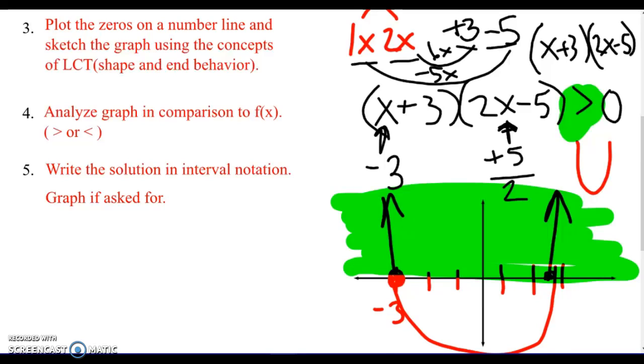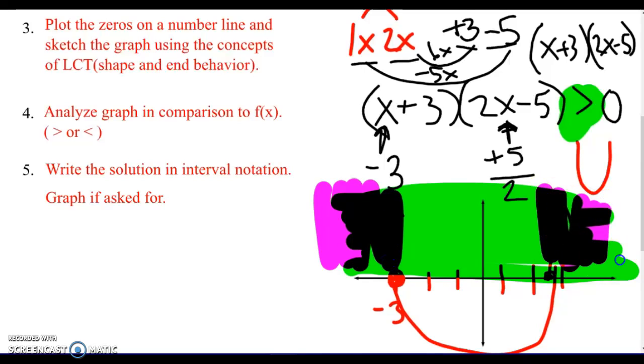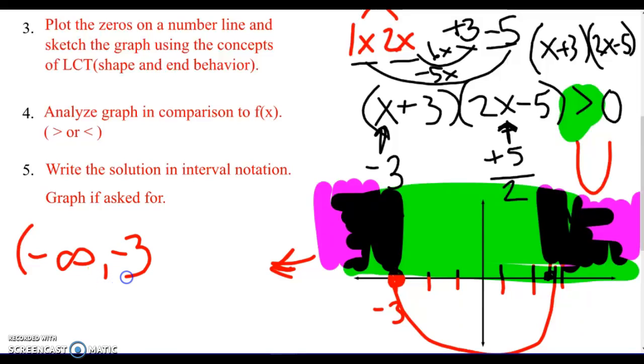So I look, and when is it happening? It's happening to this side of negative 3 and to this side of 5/2. How do I write that? I start way over here. What's the number for way, way over there? Negative infinity. I go until I hit negative 3. Does it include negative 3?